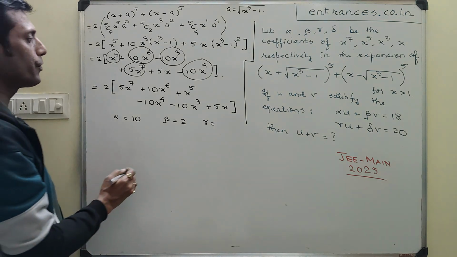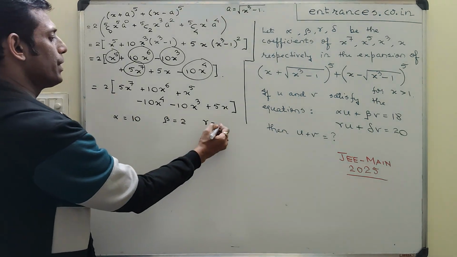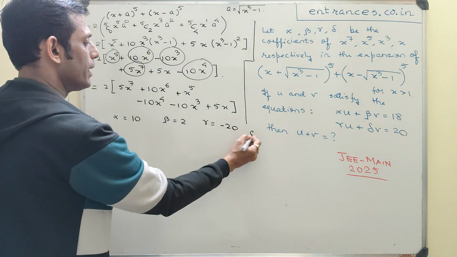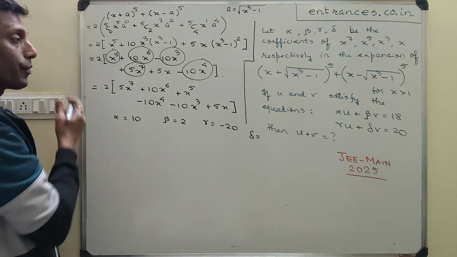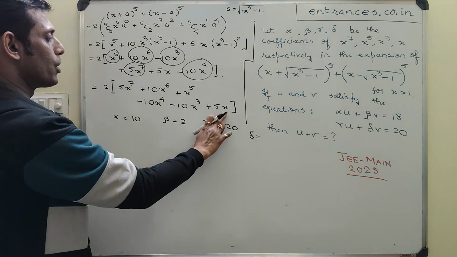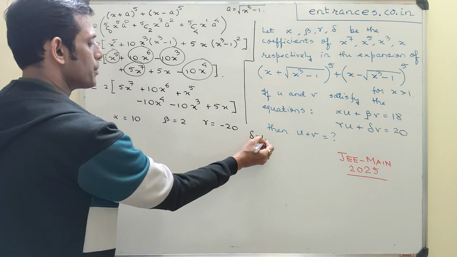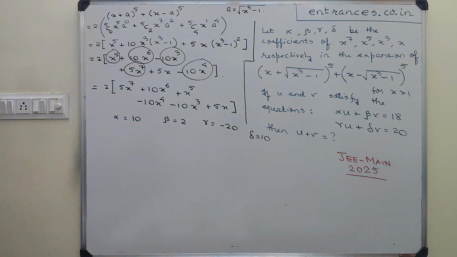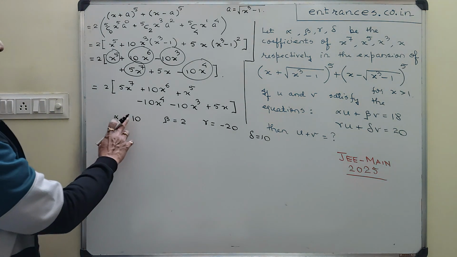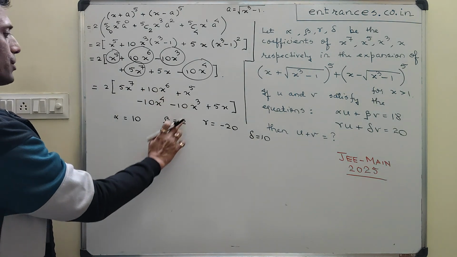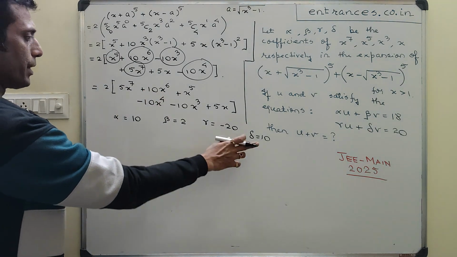Gamma is the coefficient of x power 3, that is minus 20. And delta will be the coefficient of x to the power 1, which means 5 into 2, a simple 10. So 10, then x power 5 is 2, and minus 20 and 10.